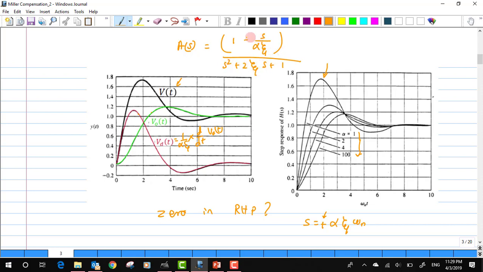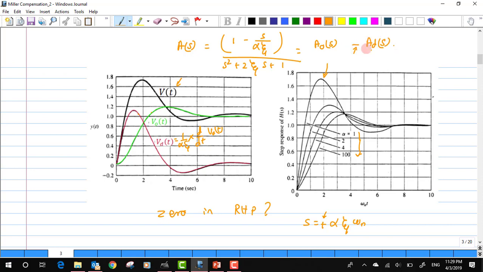Now again one could split this entire expression into two components. One is our normal step response function, which is denoted as A naught of s, and the second one is the A d of s term. Now you can see that there is a negative sign that appears here.